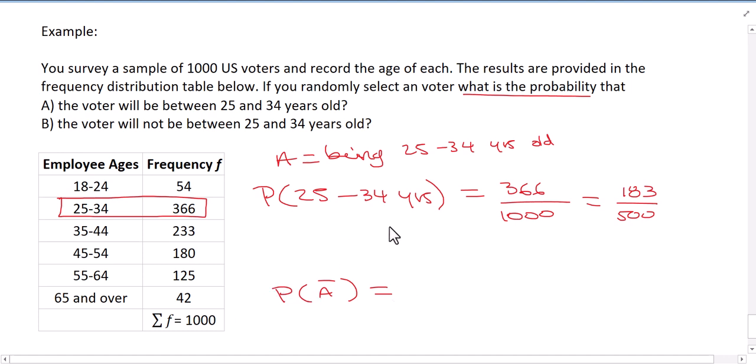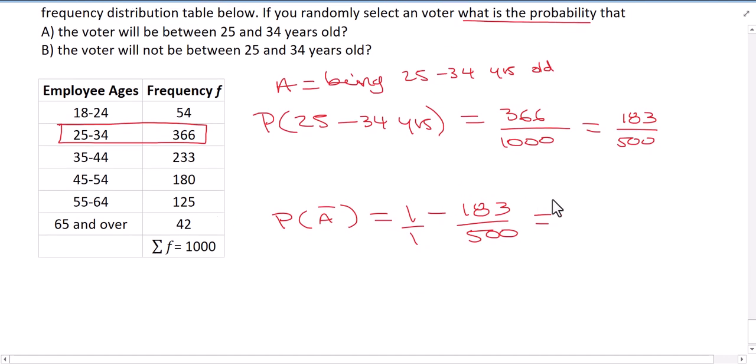Or I can say I already know the probability of being 25 to 34, so the probability of not being that age is 1 minus 183 out of 500.